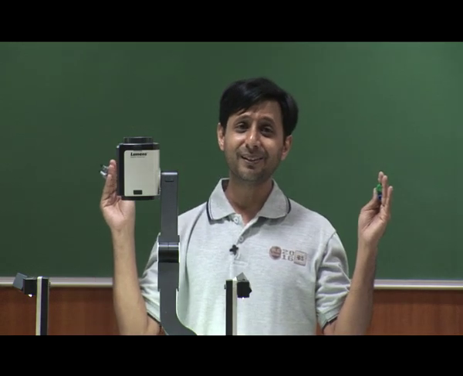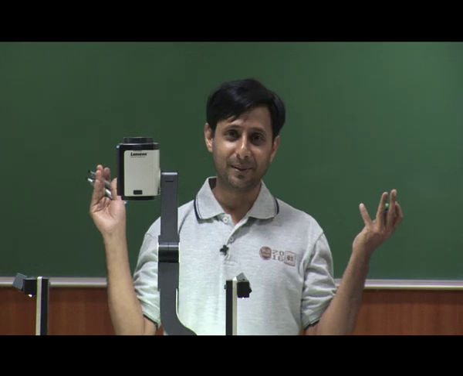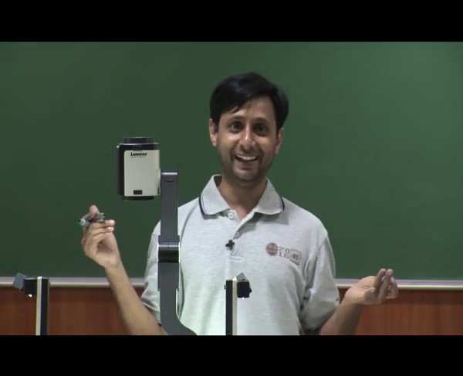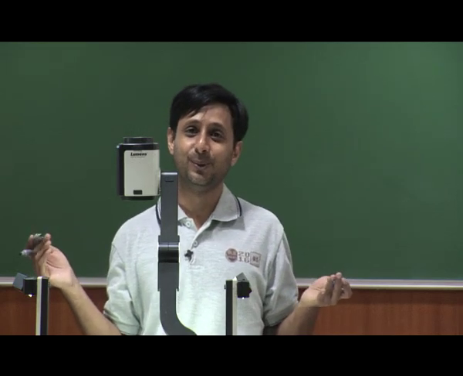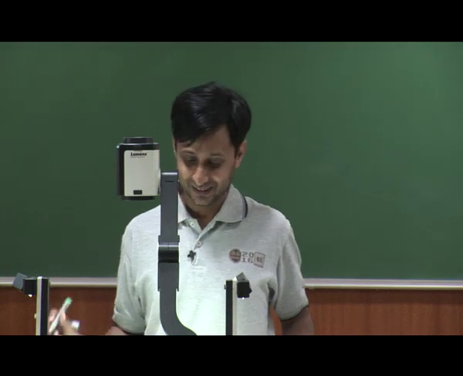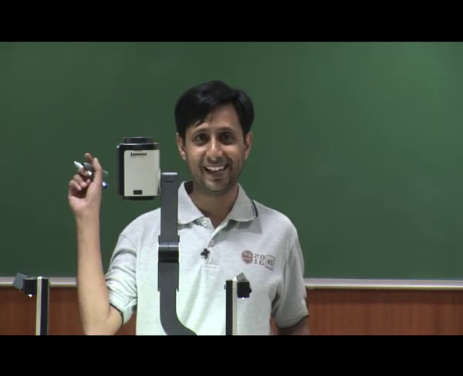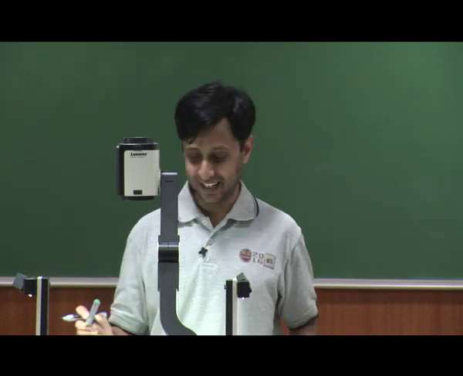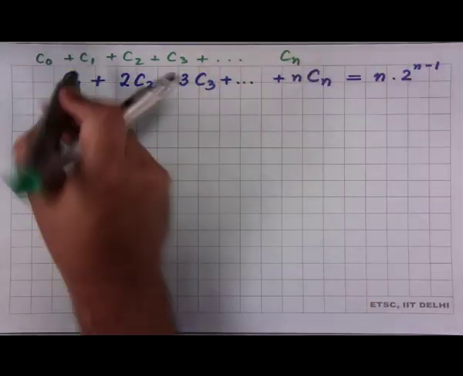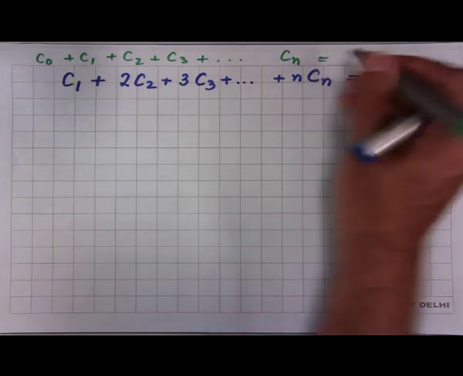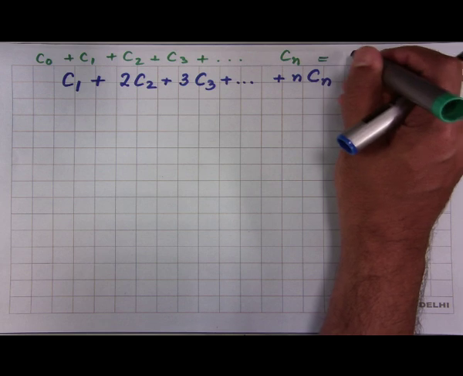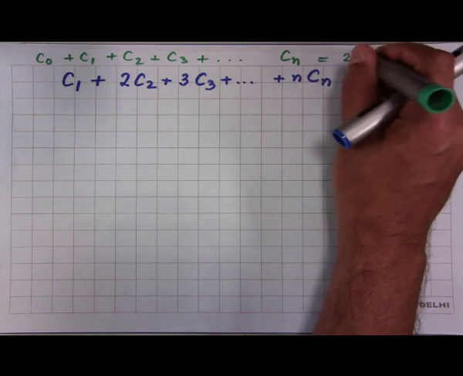We did 1 plus x whole power n, right, and then plugged in x equal to 1, right. If you think of 1 plus x whole power n, plug in x equal to 1, you get this as your expansion, and the answer is 1 plus x whole power n, x equal to 1. So, 2 power n.